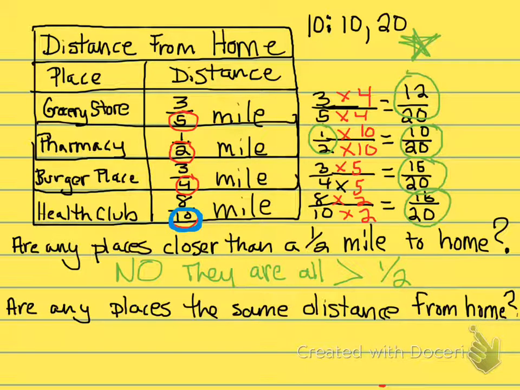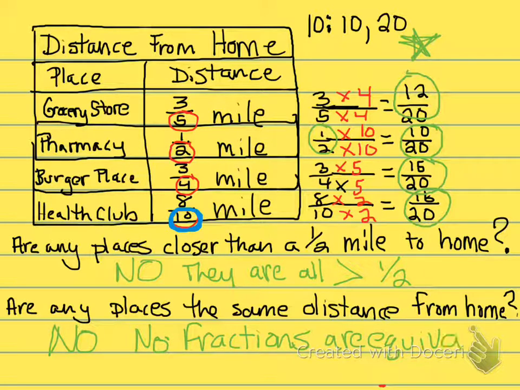None of those have the same numerator. They all have the same denominator. None of these are the same distance from home. No fractions are equivalent. And when I say equivalent, equivalent to each other, not to their original form. Okay, so this is a problem where using a common denominator would help you.